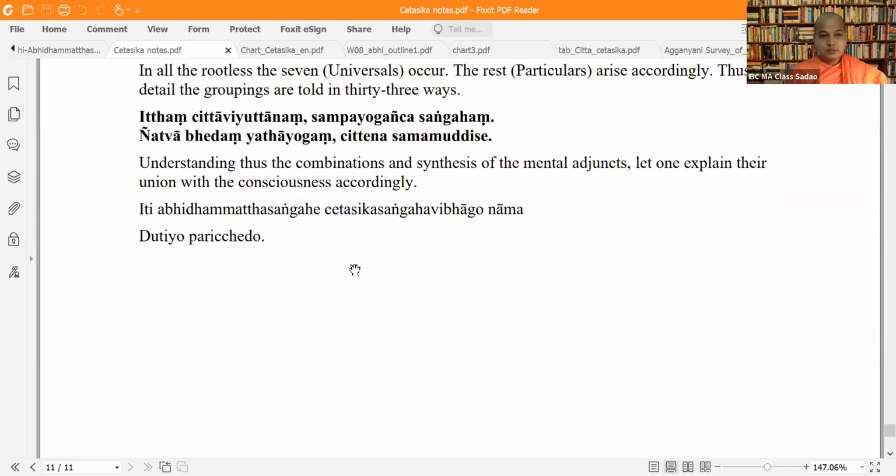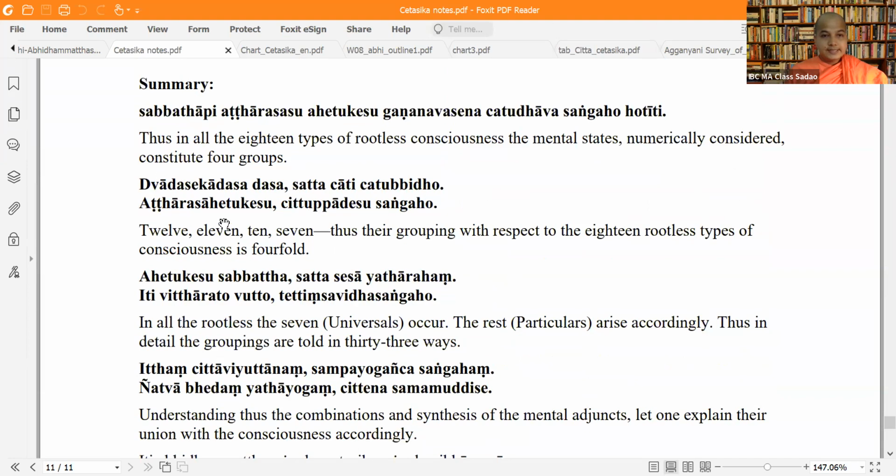Okay, so finally it says that Sabbathapi attharasasu ahetukesu gananavasena chatudha sangaho hoti. Thus, in all the 18 types of rootless consciousness, the mental states numerically constitute 4 groups.